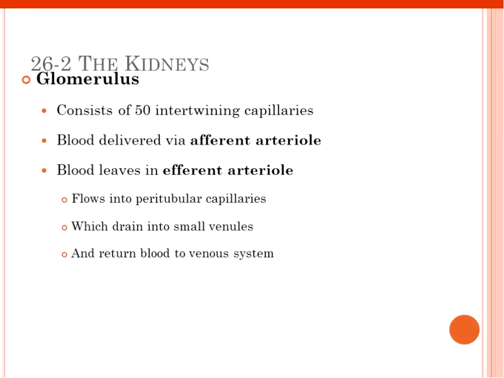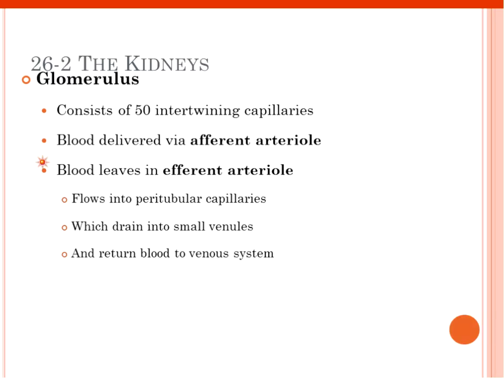The first part of all nephrons, whether they're cortical nephrons or juxtamedullary nephrons, is the glomerulus. The glomerulus is just a bunch of interlining capillaries where the blood is brought into the glomerulus through the afferent arteriole, and the blood leaves the glomerulus in the efferent arteriole.